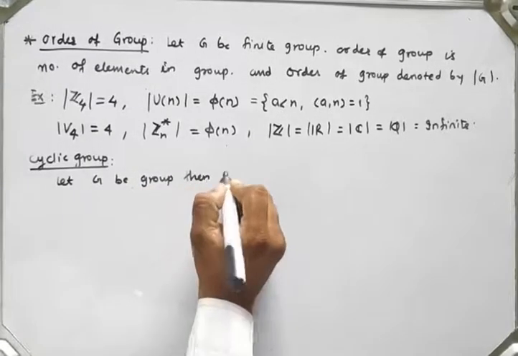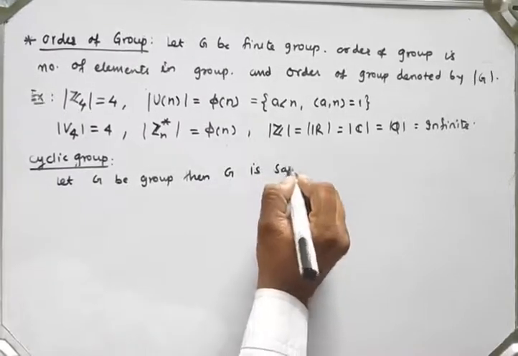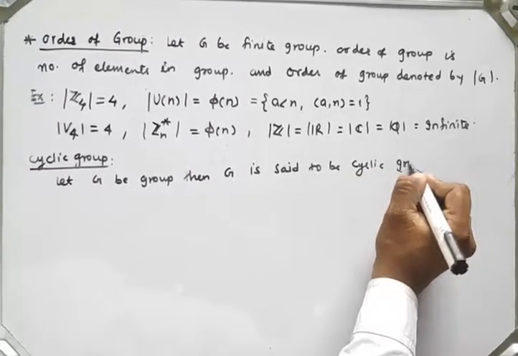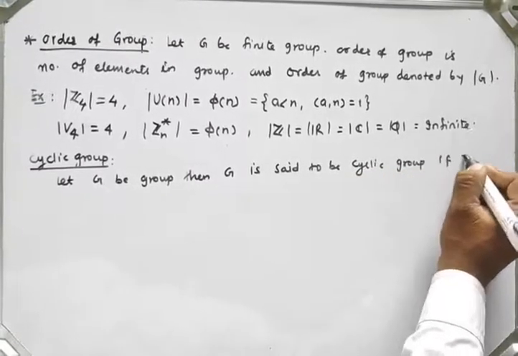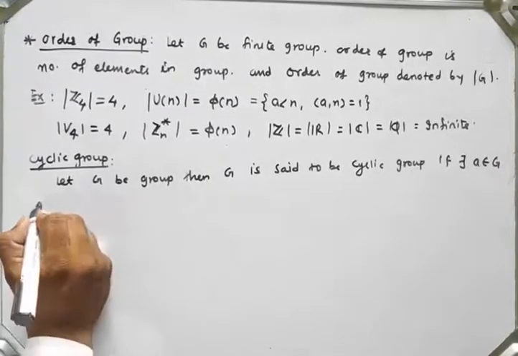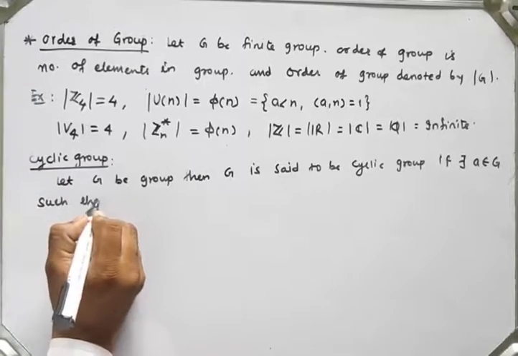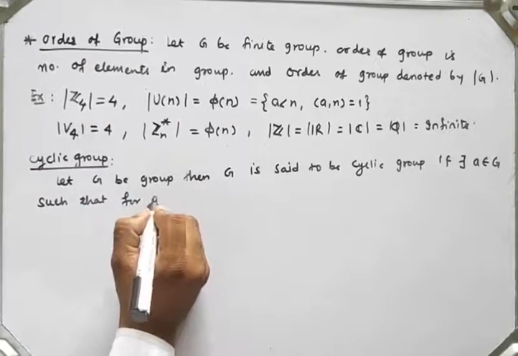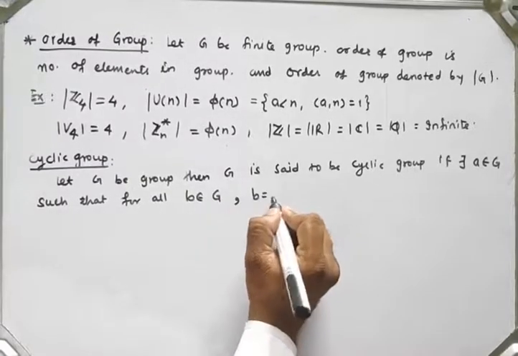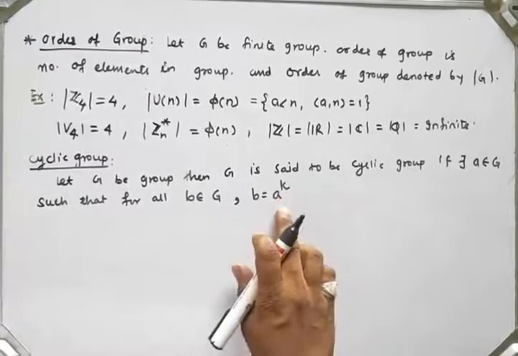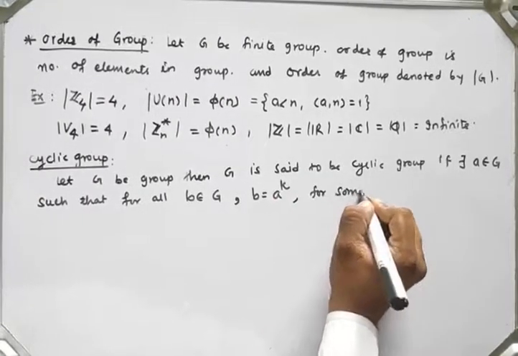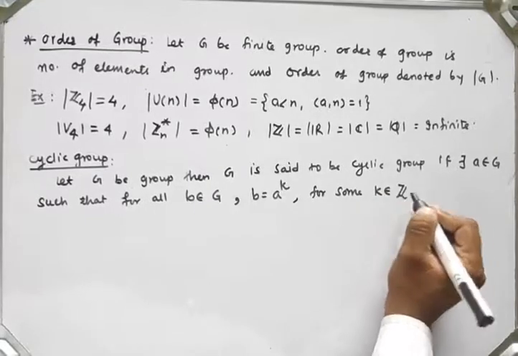Then we say that G is said to be a cyclic group if there exists an element a belonging to the set G such that for all b belonging to G, b is equal to a raised to k, for some k belonging to the set of integers.